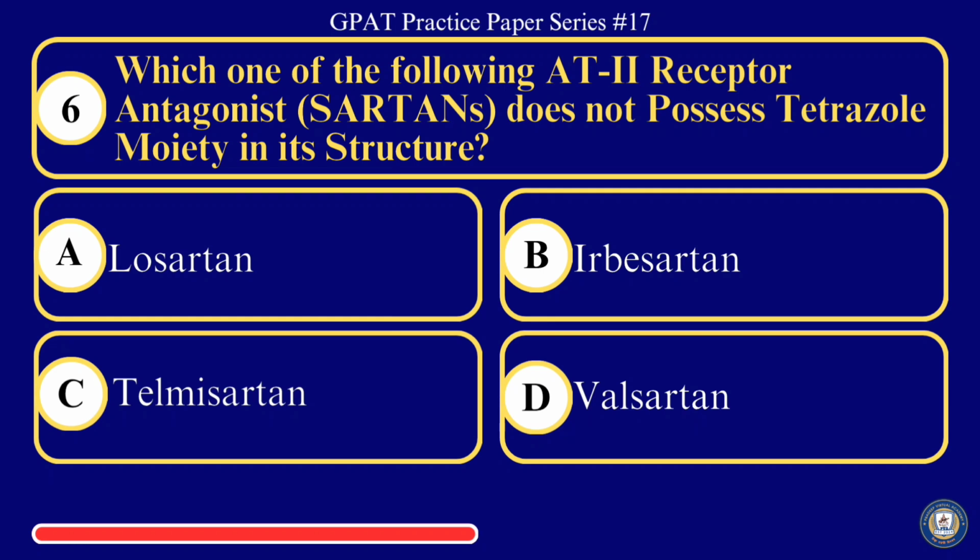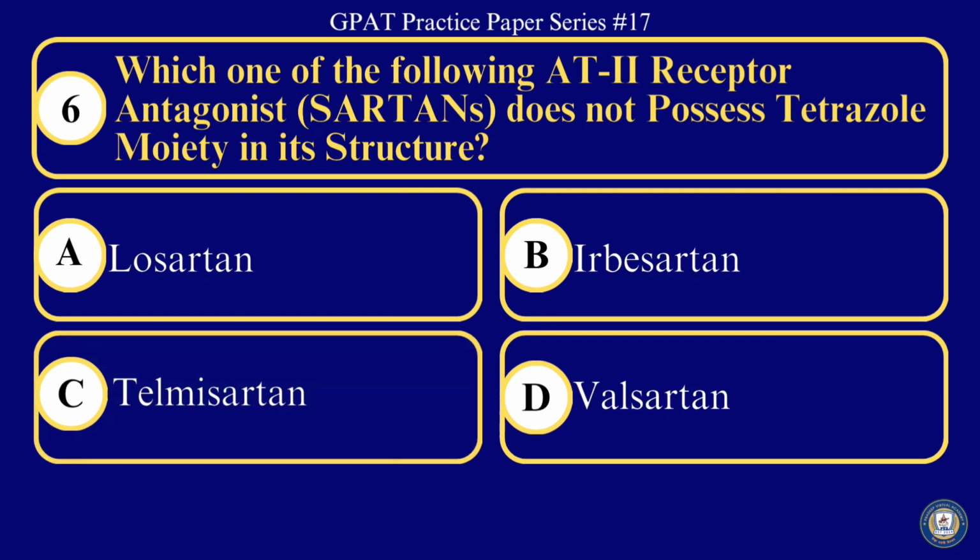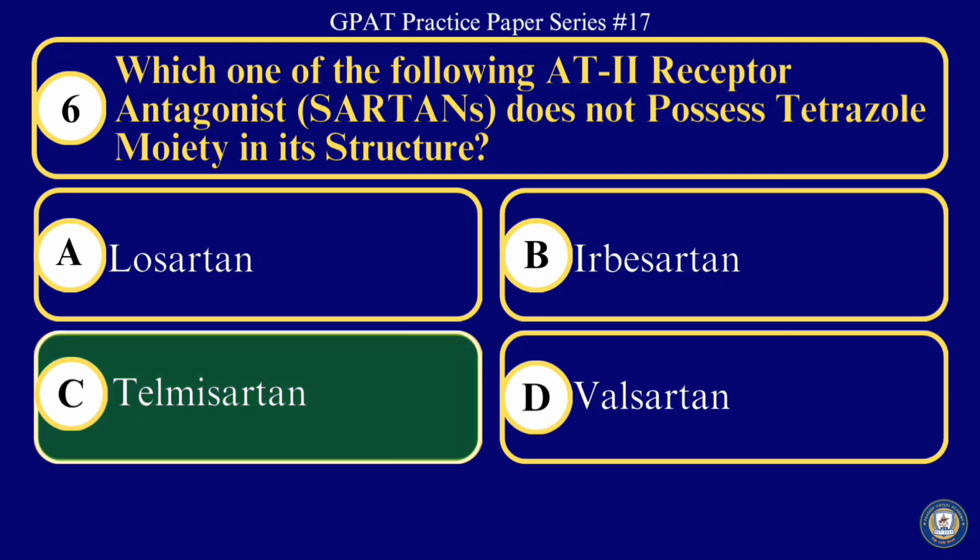Your options are A. losartan, B. irbesartan, C. telmisartan, and D. valsartan. And the correct answer is option C, telmisartan.